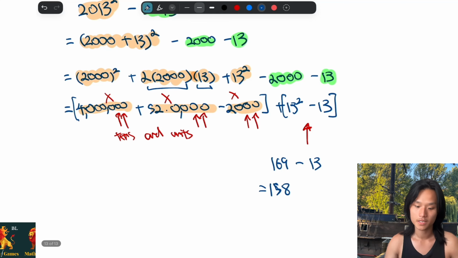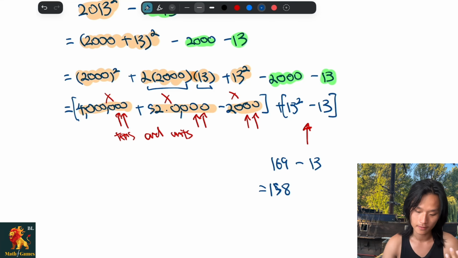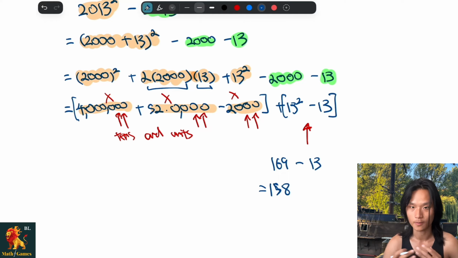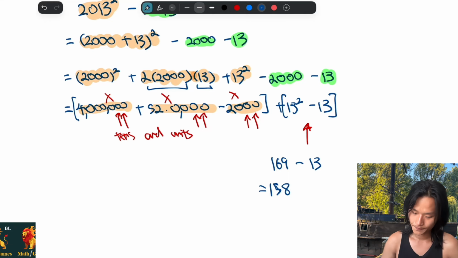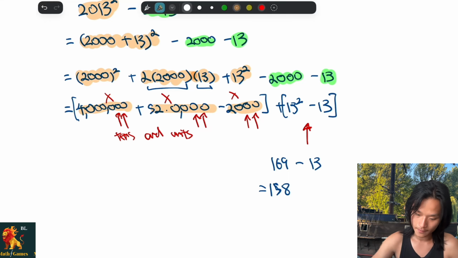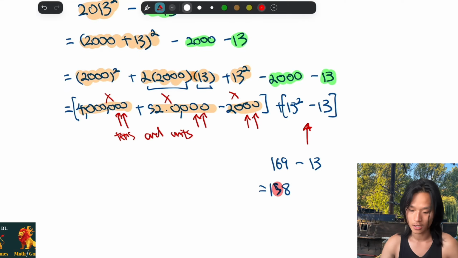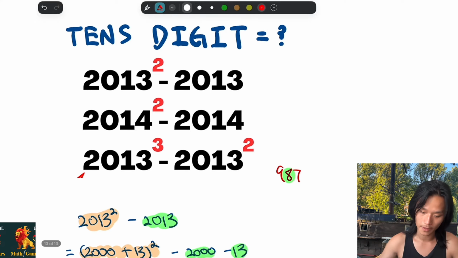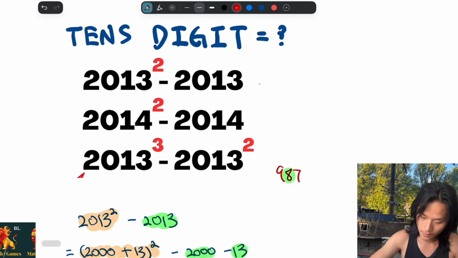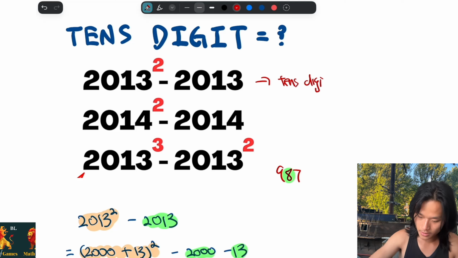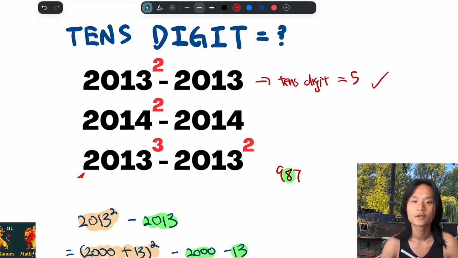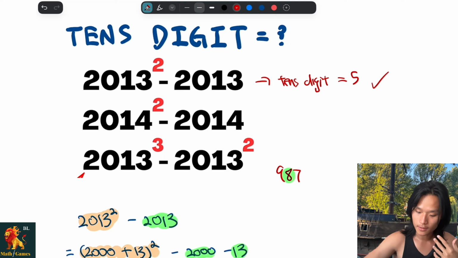Because we have established that all of these bigger terms with so many zeros don't matter, we know for sure that the tens digit of our first expression must be 5. Okay, so the tens digit is number 5.